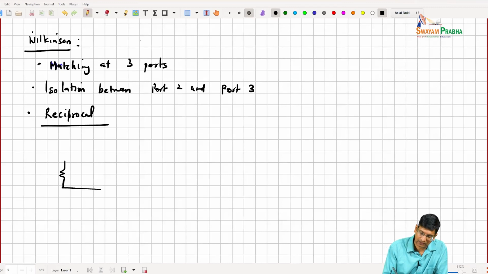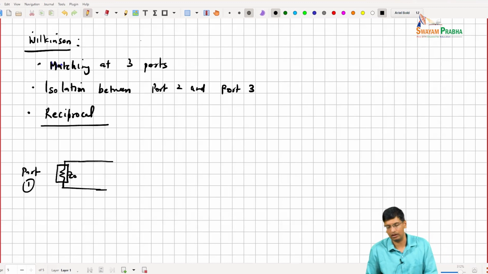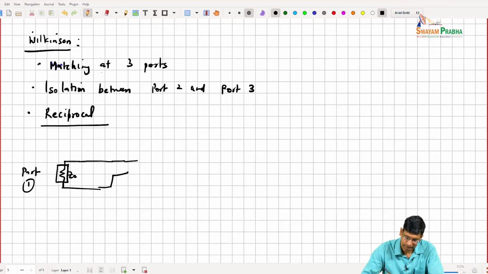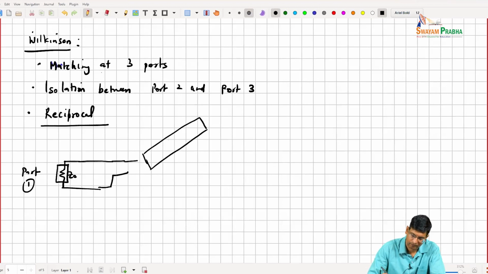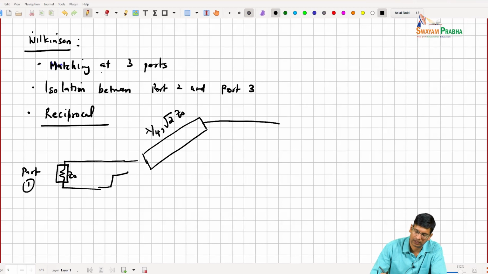So the assumption is that, let's say I'm again driving it with a port that is Z naught. I'll just represent my port like this, right? This is port 1, and what you effectively have is then a lambda over 4 line, square root of 2 times Z naught, right?